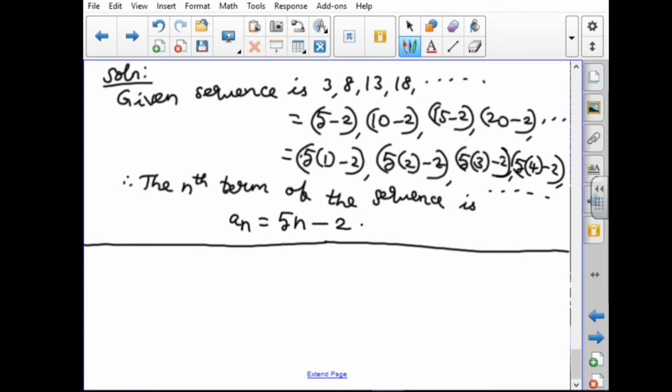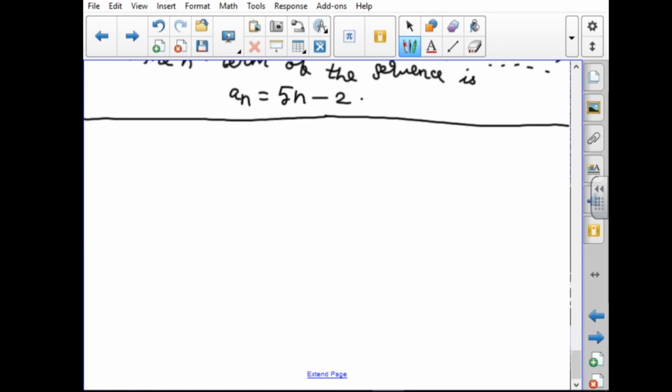Good morning, students. Fourth sum. Fourth sum is the same as the second sum question. Here they give the nth term. The nth term is given, denoted by the symbol an, equal to 5n divided by n plus 2.